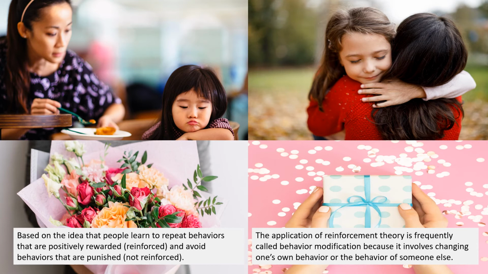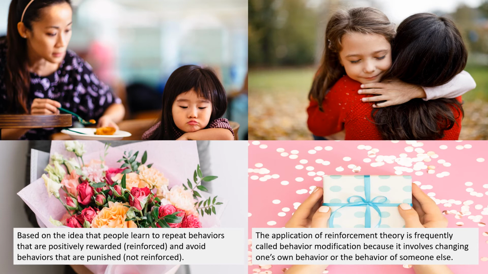Meaning that we are going to repeat the behavior if after we have done it we get a positive reward, and we will try to avoid the behavior if after we do it we are punished for that behavior. Of course we don't want to get punished one more time, so we try to avoid it.